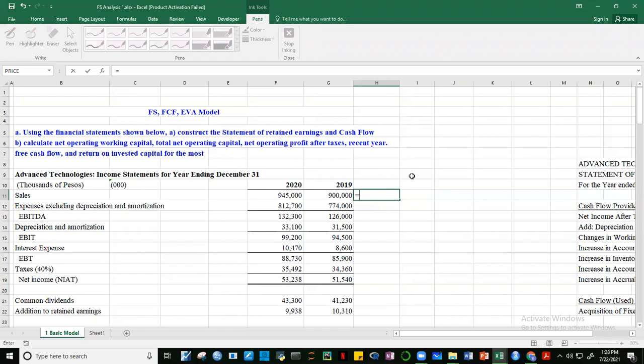Sir, so yung sales in 2020 deducts, opo, then yung minus, opo. Then yung buo, yung answer po niya, divided by G11. Paano natin mabubuo to? Parenthesis po, sir. Ayun. You have to put parenthesis, di ba? Because we are telling Excel to compute first yung difference na to, and then divided by G11 po, sir.